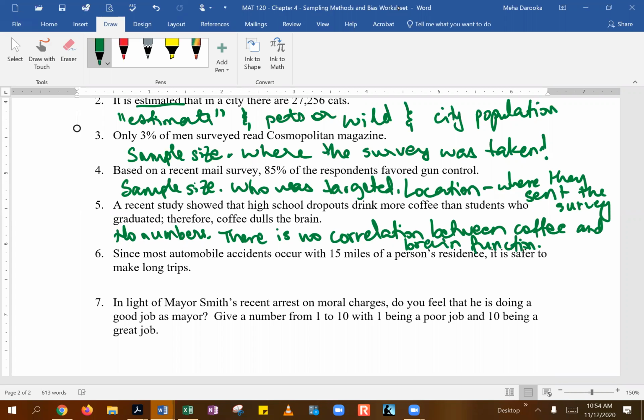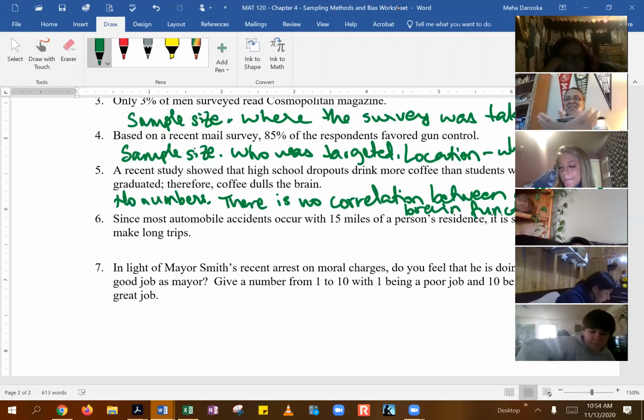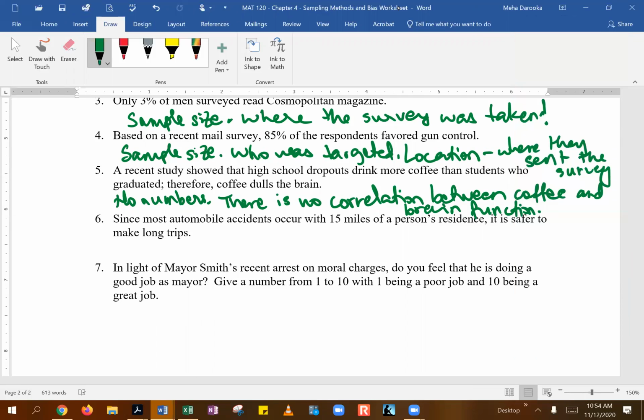detail in here. Since most automobile accidents occur within 15 miles of a person's residence, it is safer to make long trips. So they're saying within 15 miles of where a person lives, you will run into the most accidents. So it is safer to make longer trips.